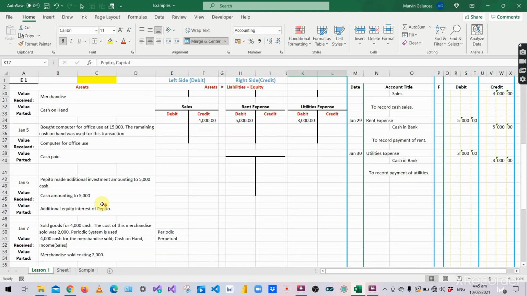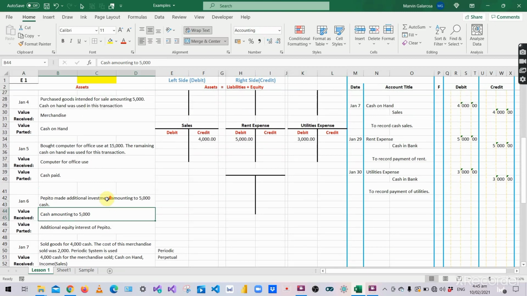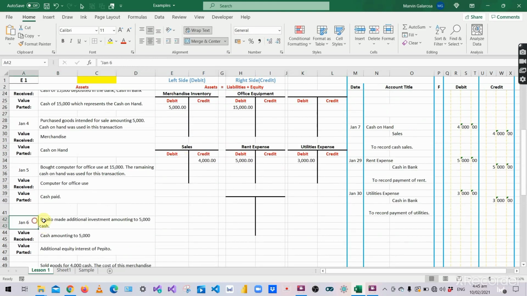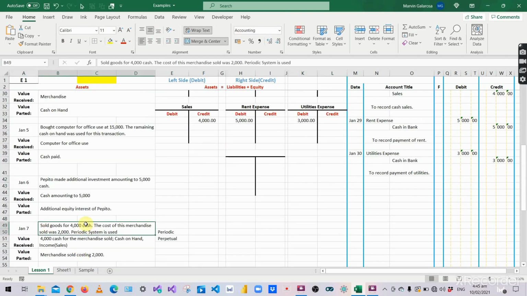So, record na natin yung transaction sa January 6. So, meron tayong na-receive na cash na 5,000 on hand. So, nag-increase yung ating cash on hand. Move lang natin tong 4,000. Kasi mas nauna yung January 6 sa January 7.